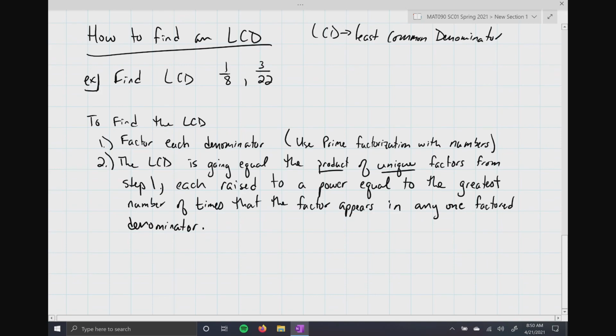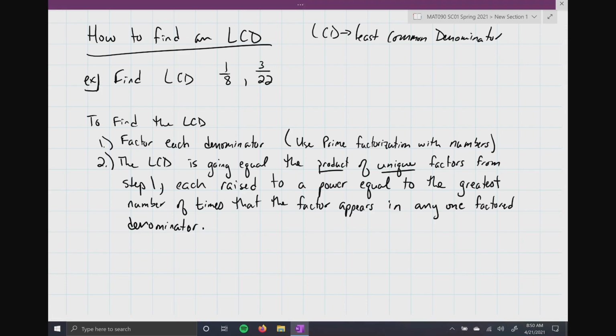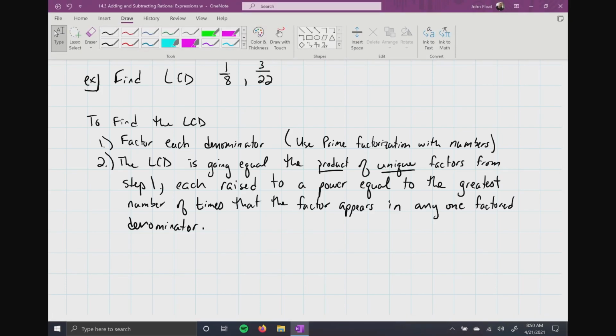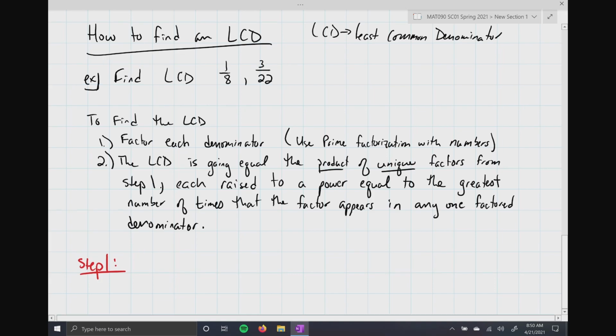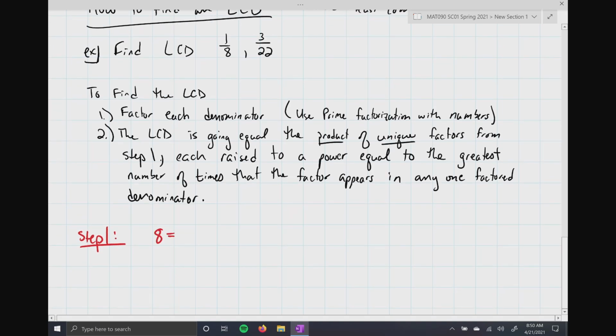Knowing this will lead us into the next section. So we got to know how to do this. So here's what I'm going to do. I'm going to show you how to do this with 1/8 and 3/22. Okay? So step 1, I'm going to write it in red so you know I'm actually doing it. Let's factor each denominator. 8 is going to equal, I'm moving too fast.